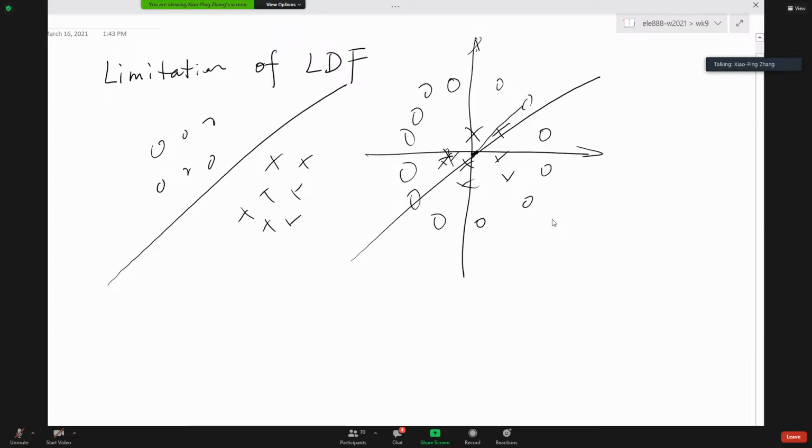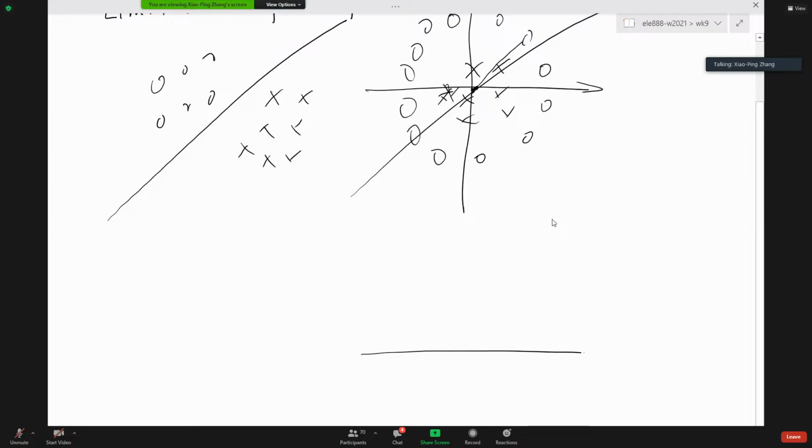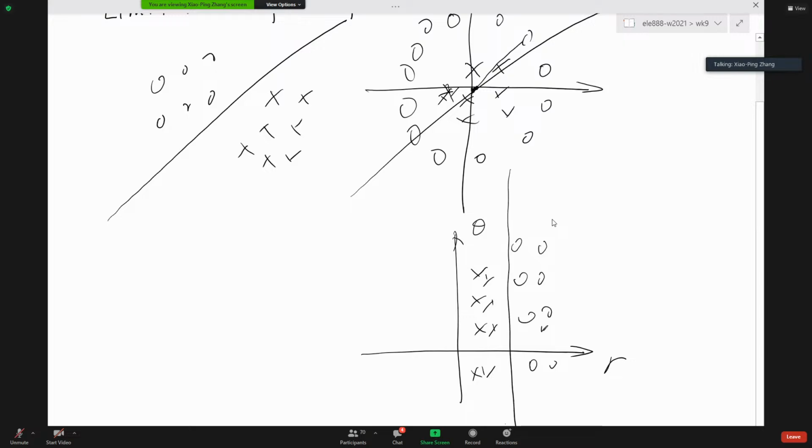Let's say this is r and this is theta. In that case, the crosses are probably in this area and the circles in this area, and then you can still use linear discrimination to do it.